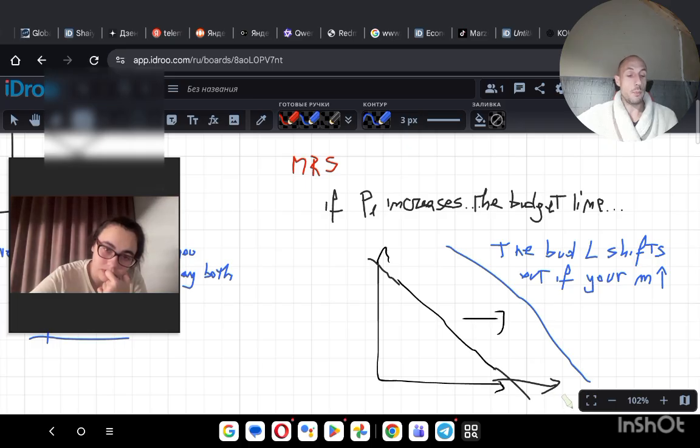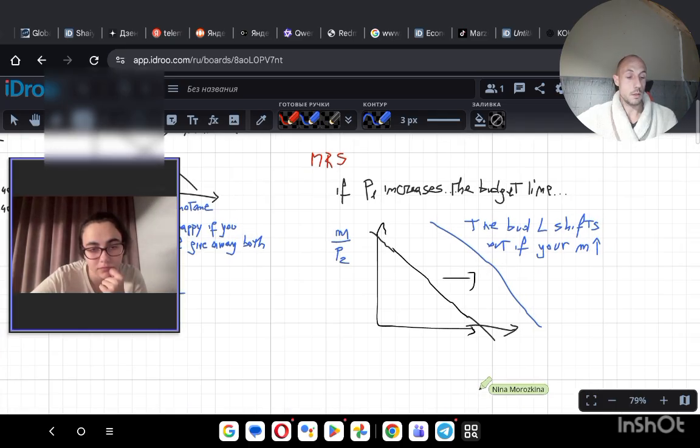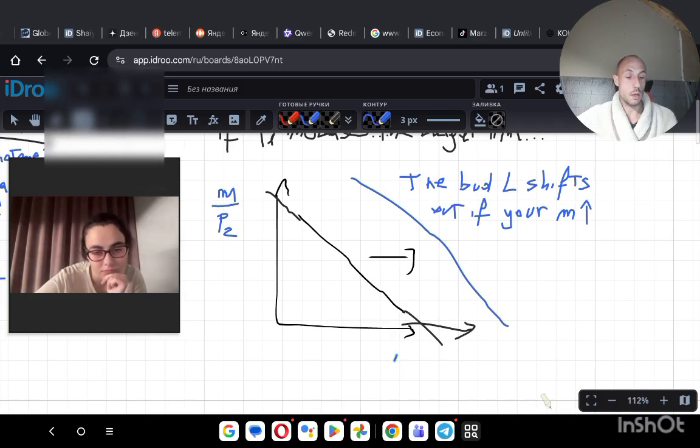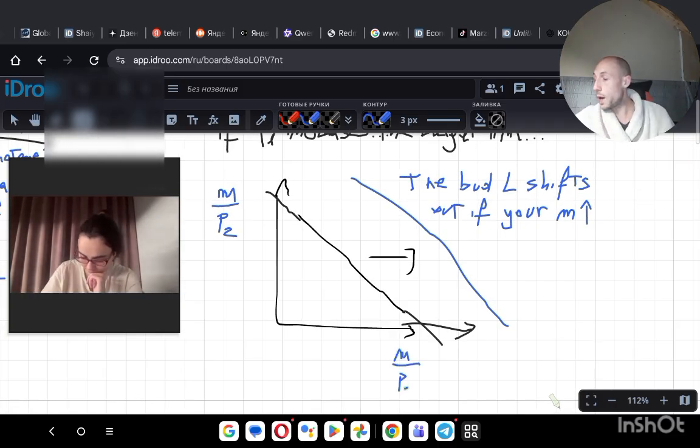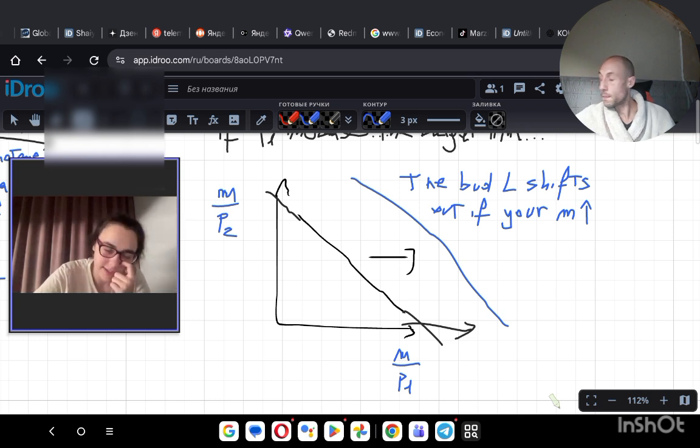So, what happens if P1 increases? Just look at this. This is M divided by P2. And this is M divided by P1. So if P1 increases, what happens? If P1 increases, then we have less X1, I guess.